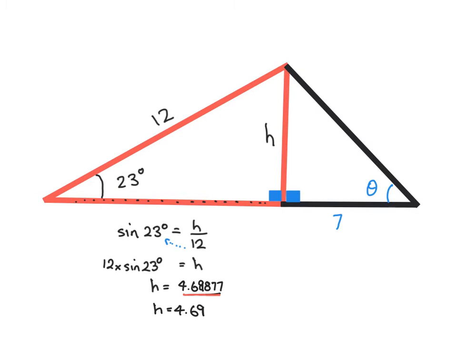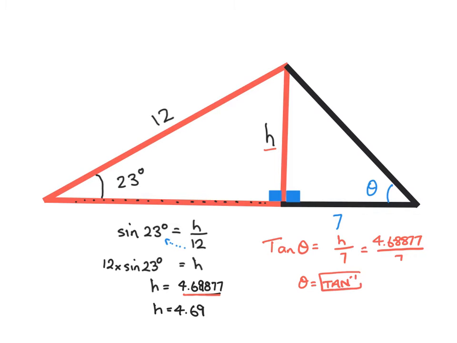And we go to this triangle here on the right, and now we're given h. We know what h is, that's down here, and we got 7, and that's tangent, opposite over adjacent, so tan theta will equal h/7. And h is this number 4.68877. So I want to use as many decimal places as possible because I do not want to make a mistake in terms of accuracy error.